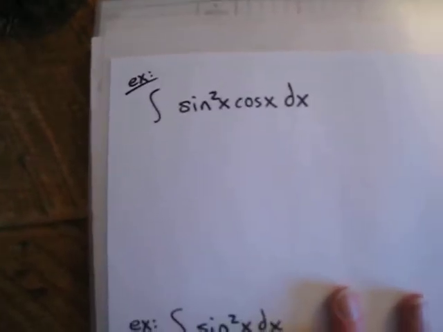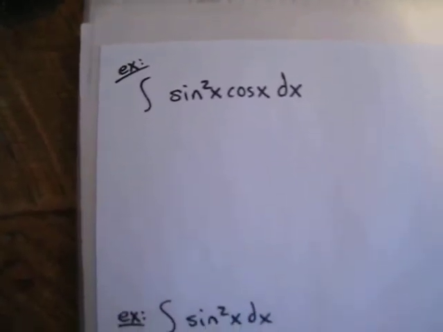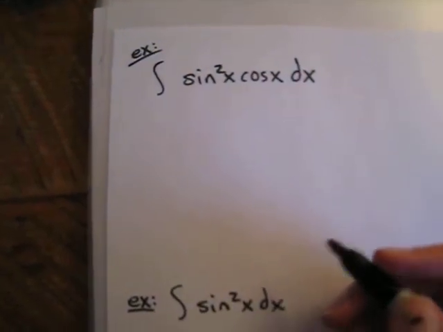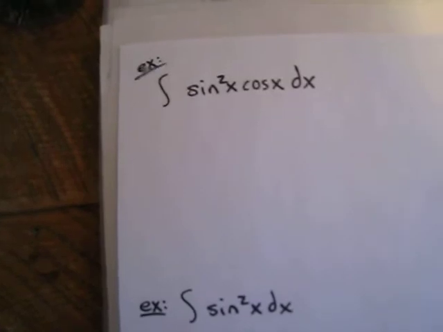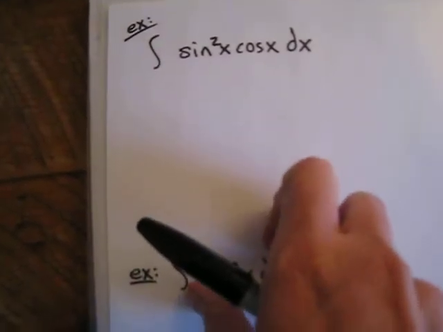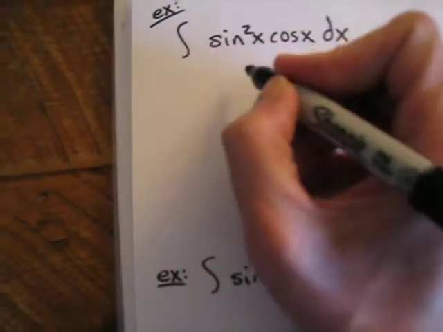All right, let's take a look at one that involves a little bit of trigonometry. How about the integral of sine squared x cosine x dx? Again, you choose your u so that the du is something you can create out of the leftovers. I could let u be sine x.